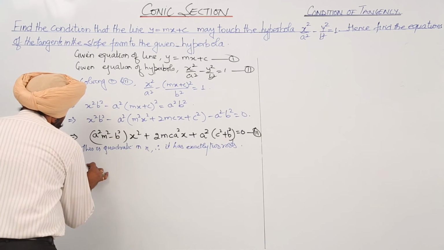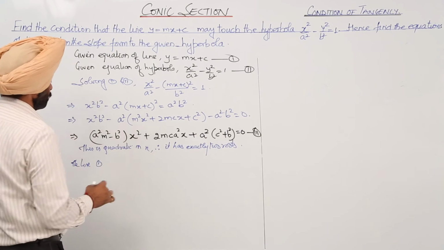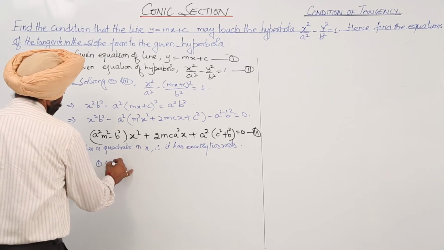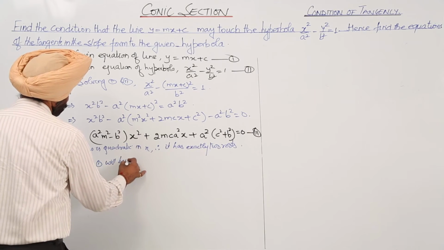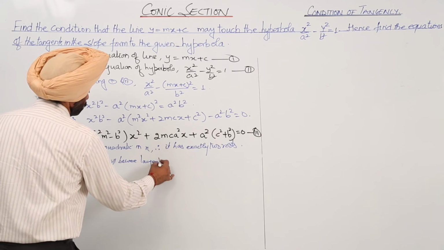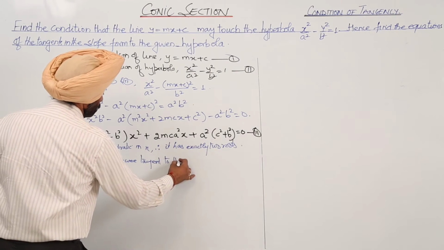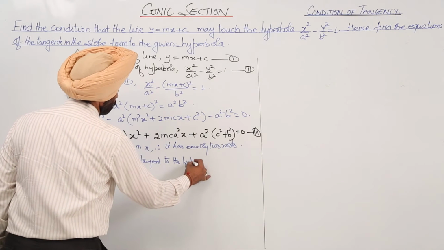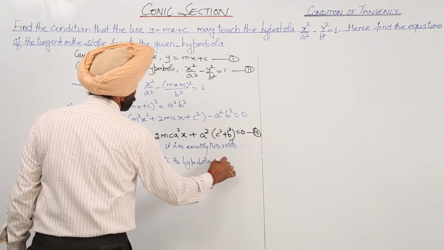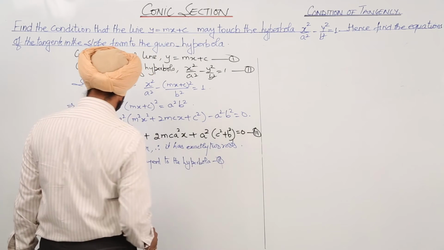Now the line, equation 1, will become tangent to the hyperbola, that is equation 2.